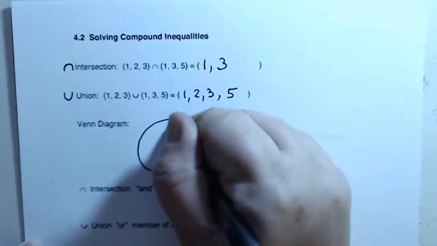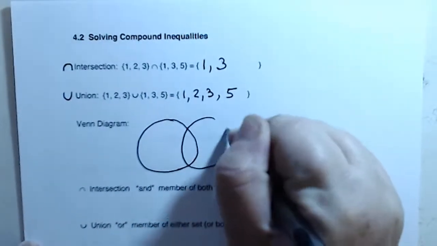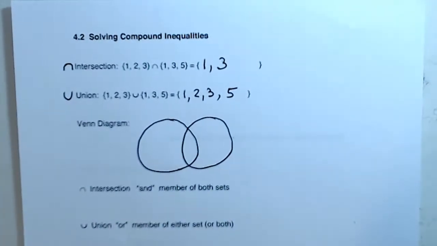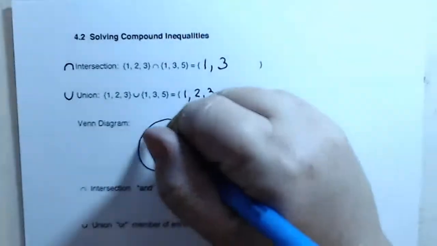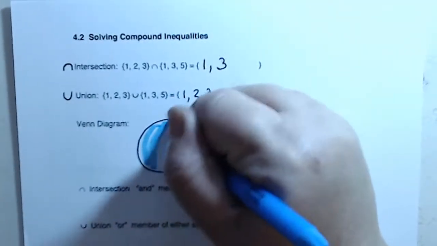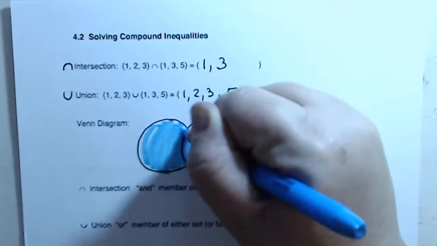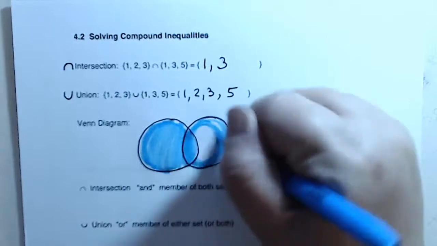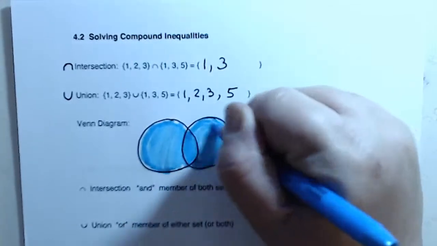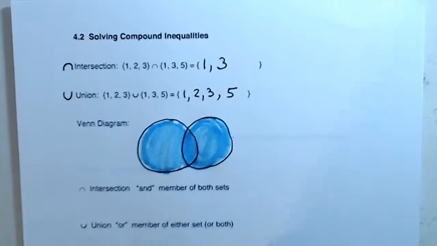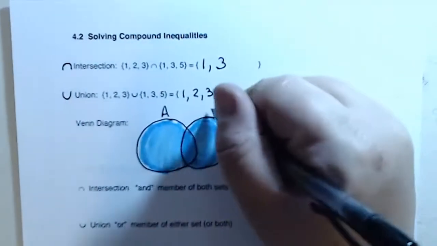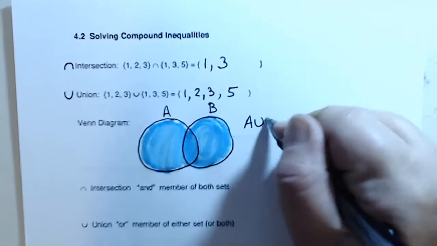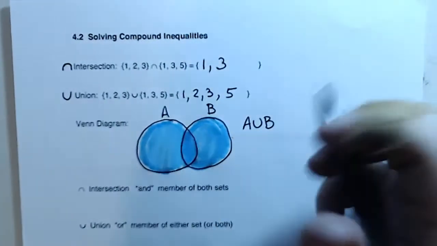Well, if I have a couple of sets like this, then I could go ahead and color in. This coloring is the best part. If I call this set A and this set B, then this is the union of A and B, the blue.